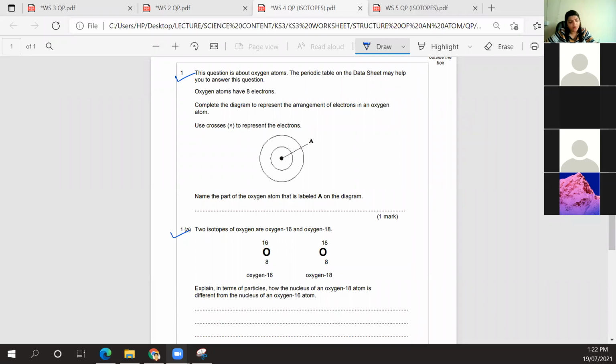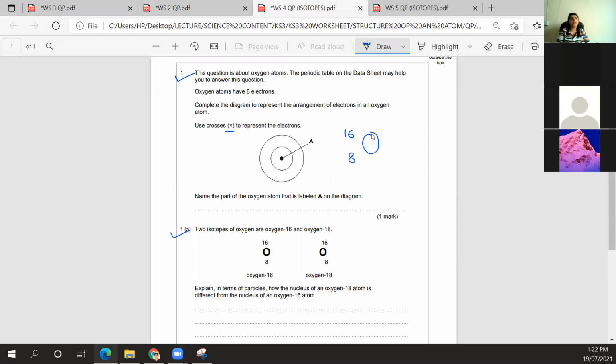The question is about oxygen atoms. The periodic table on the data sheet may help you, but it's okay. Oxygen is 8 and 16. Complete the diagram to represent the arrangement of electrons in an oxygen atom. Use crosses to represent the electrons. They have already mentioned it, so you don't have to remember the atomic number and mass number, because there will be a periodic table.